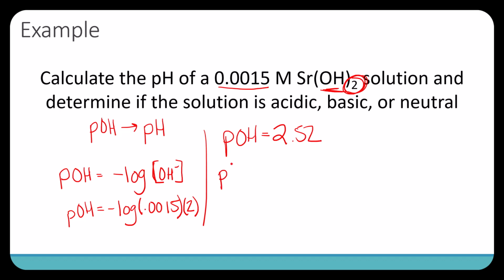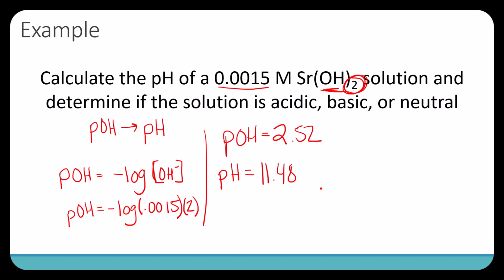And then, as per usual, it typically asks for pH, not pOH. So I'm going to take 14 minus that number. And the pH is 11.48. That was the first half of the question. Calculate the pH. Does that make sense to us?